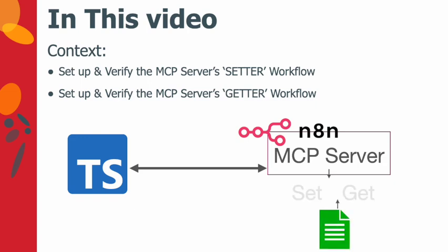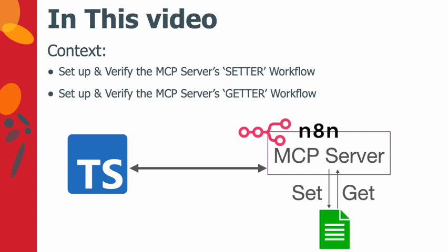But our MCP server ultimately needs to be able to do something. That's what we're going to be doing here: setting up the functionality, which comes from workflows in N8N. We're going to be setting up the setter and the getter functionality for our MCP server. In this case, our setter and getter just write something to a Google Sheet and retrieve that data later on.